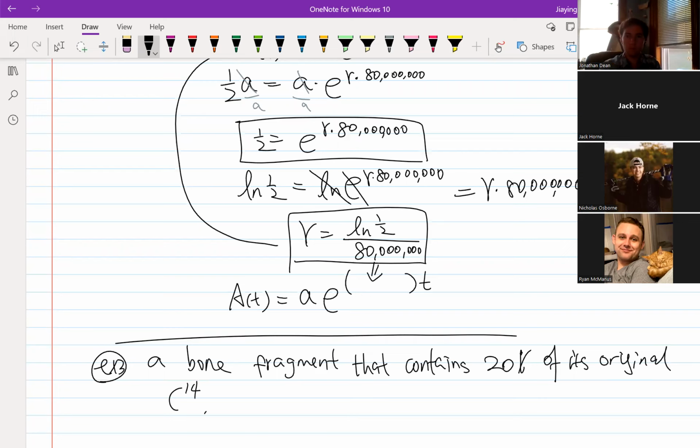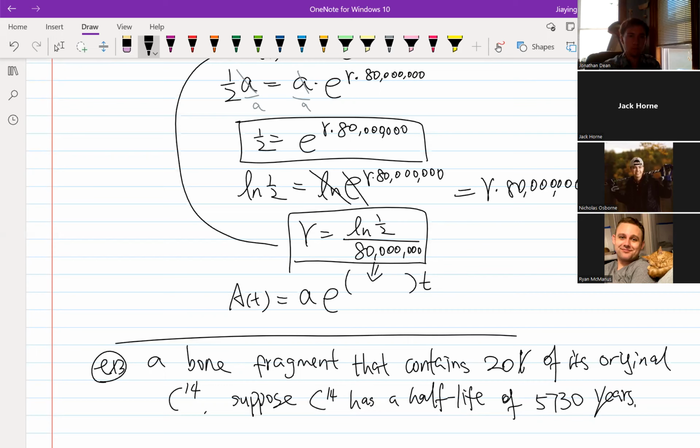I'm sure you all know at this point that carbon-14 is also an exponential decay substance. So suppose carbon-14 has a half-life of 5,730 years. How old is the bone?